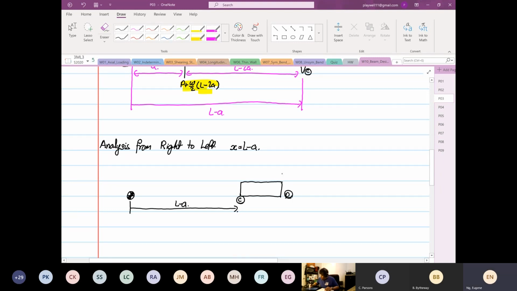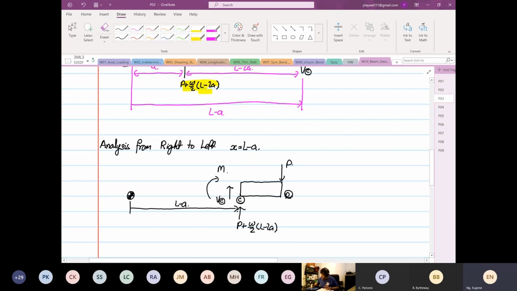We only have one force down here, which is known as P. And then at point C, we have another force down here, which will be equal to P plus omega over 2 L minus 2A. And then we will have positive shear V at point C and positive moment M at point C.